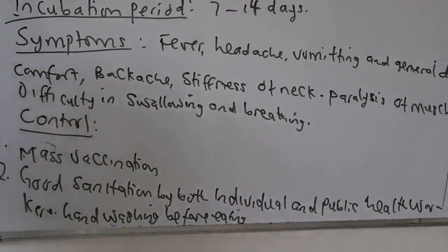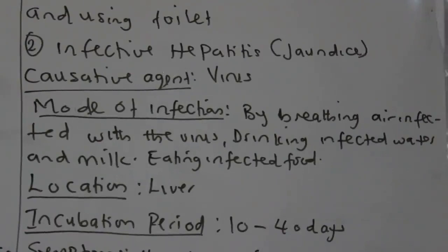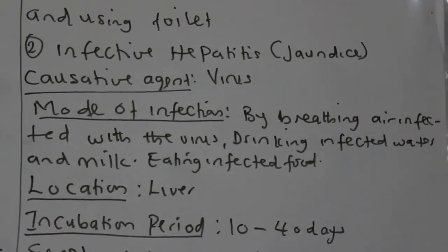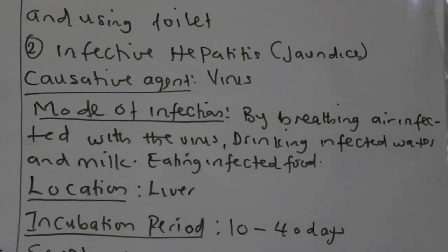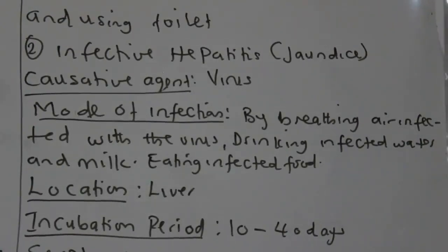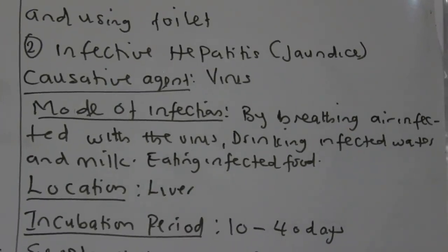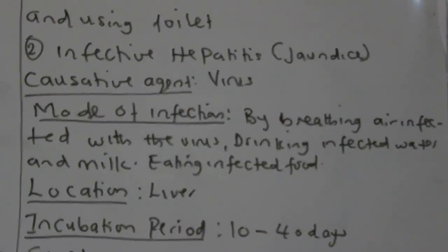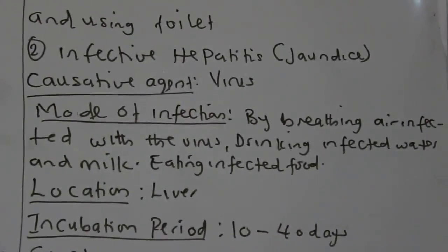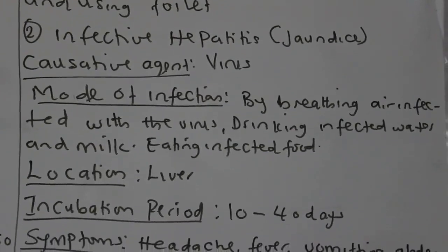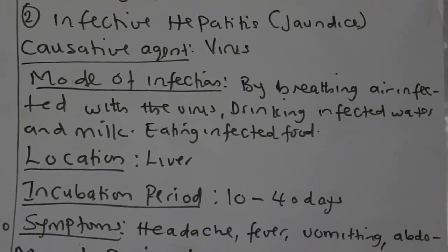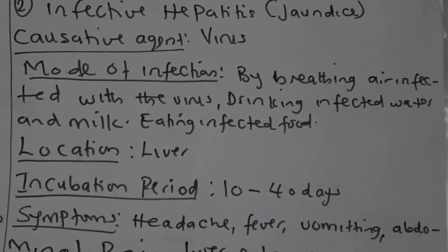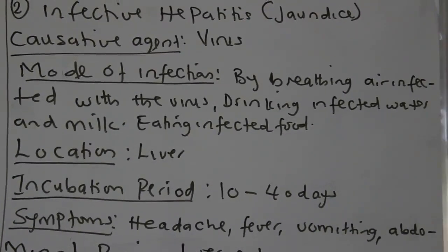Apart from poliomyelitis, the second viral disease that we're considering is infective hepatitis, which is also known as jaundice. This infective hepatitis is caused by a virus as the causative agent. The mode of infection of infective hepatitis is by breathing air that is already infected with the virus, and also drinking water and milk that is already infected by the virus.